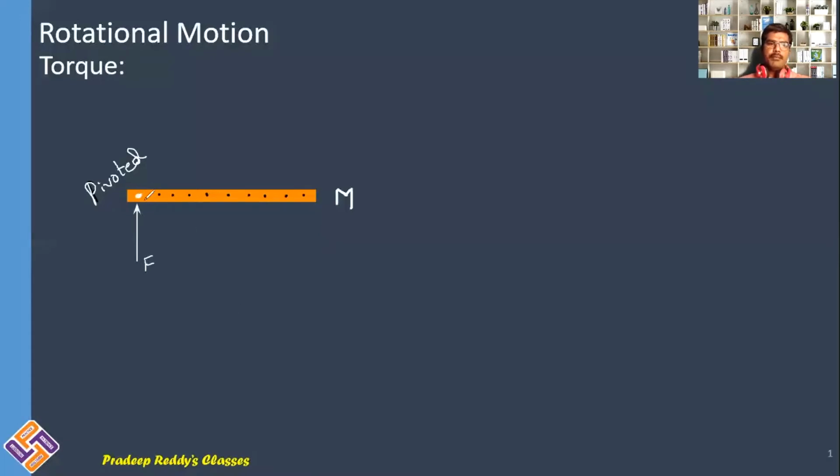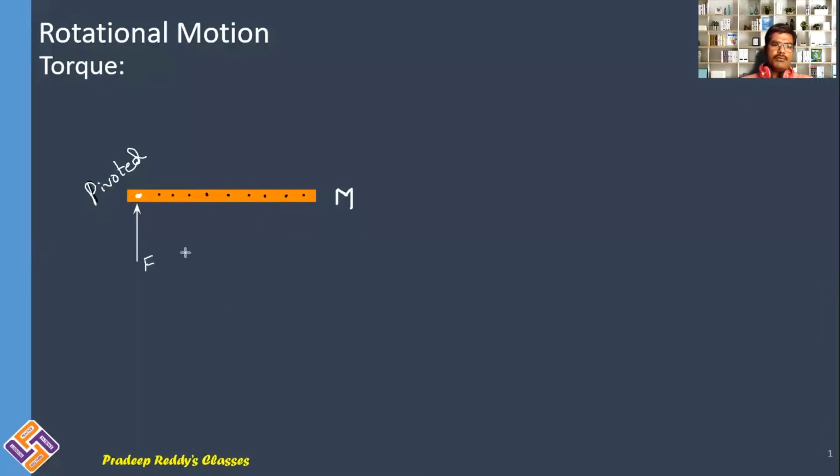Can you observe any motion? When you act force at this point where it is fixed, you could not see any motion. The displacement of the rod is equal to 0. Now I'll change the position of the force. At this point there is no displacement.